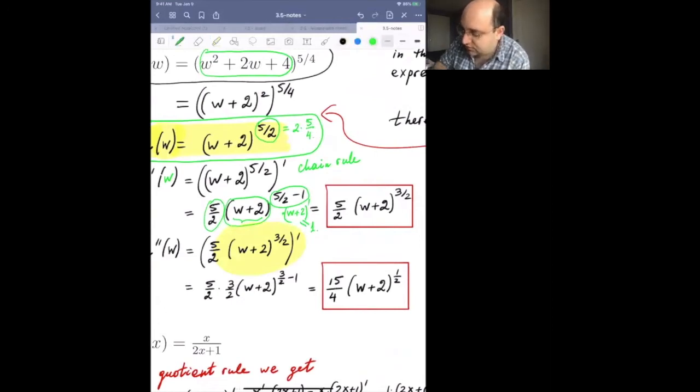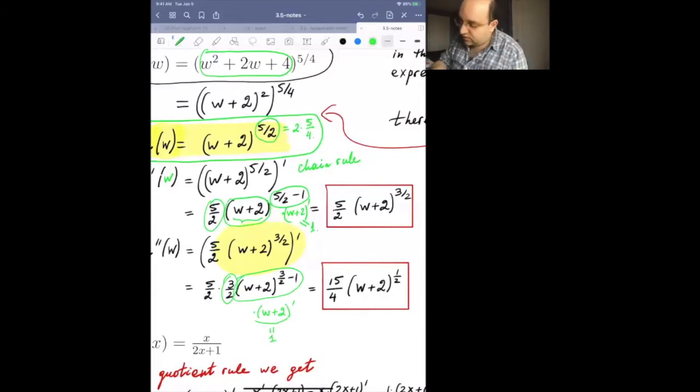So that's equal to, again by chain rule, 3 halves times this expression to the power 3 halves, times minus 1. Then we have to multiply by the derivative of w plus 2, which is the inside function, but that's equal to 1, so that's why I didn't write it down.